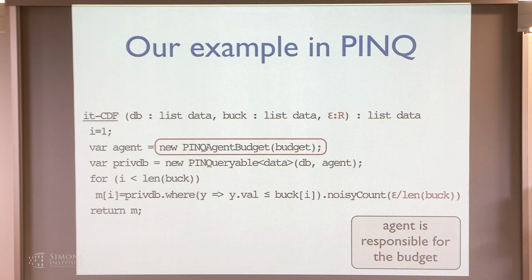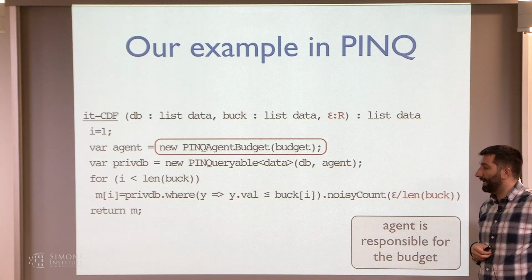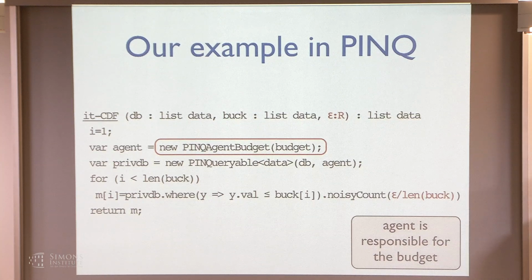And what PINQ provides are some new primitives like this PINQAgent budget that help with tracking the privacy budget. So this, for instance, creates a new agent which is responsible for tracking the privacy budget, to which we give the budget. And from now on, every time we perform a query, this agent will take care of checking if we have available budget, and if not, will tell us you don't have budget.